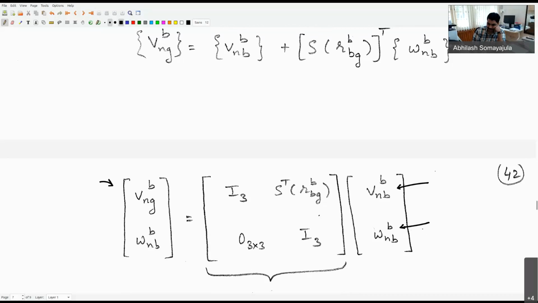Is this making sense? Yes, sir. So the same equation which I have above here, I'm expressing in this form, where I'm putting a matrix times the new velocities. The only difference is that instead of the velocity about the center of gravity, I'm changing that to the velocity about the body fixed origin O.